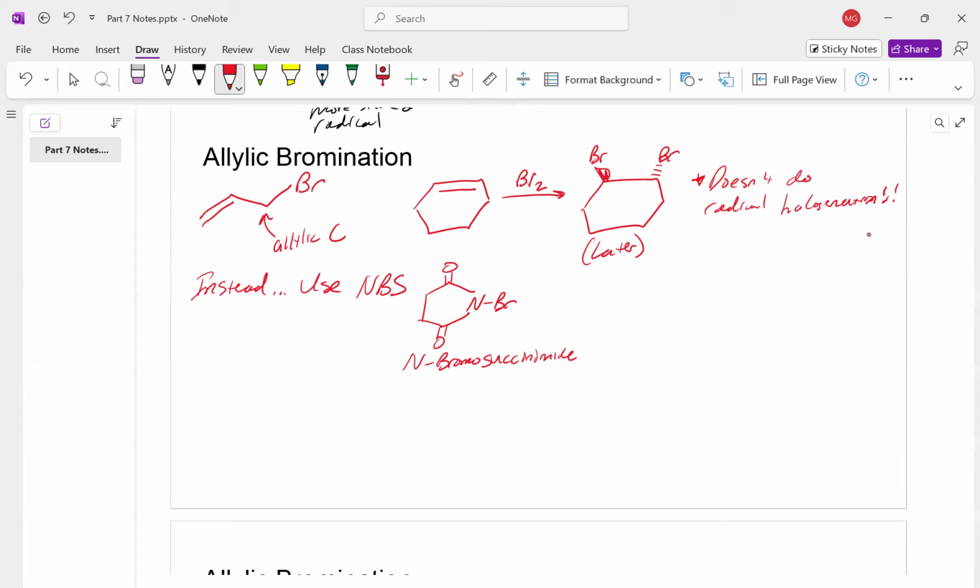What makes NBS so useful for these reactions is that the nitrogen-bromine bond is very weak. It easily forms radicals when exposed to ultraviolet light. So we have a nitrogen radical and a bromine radical.